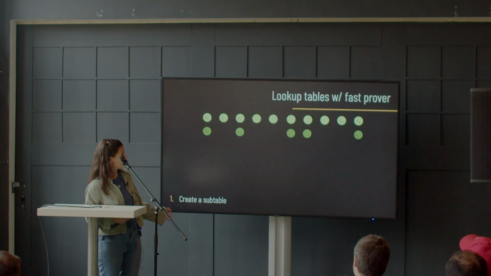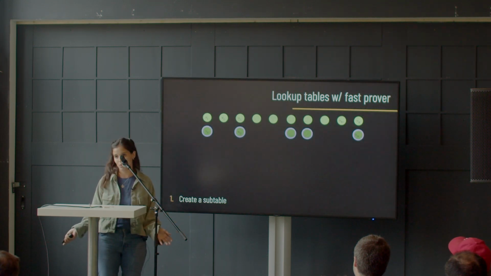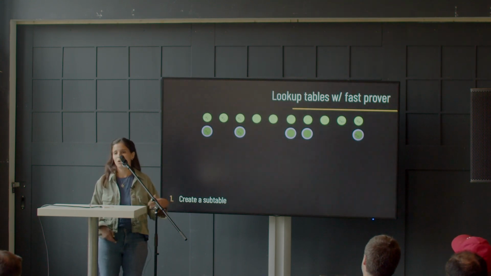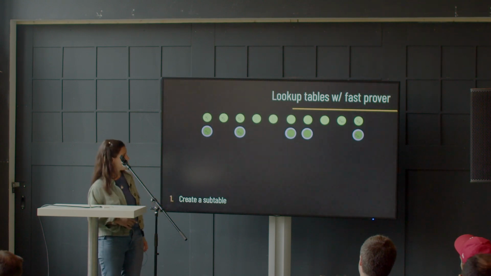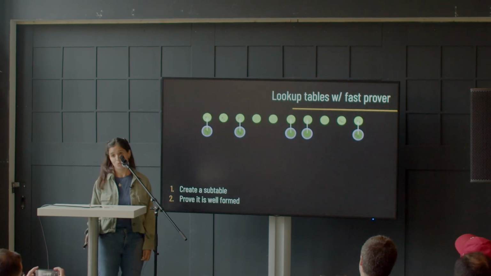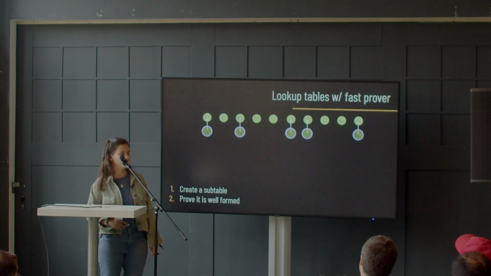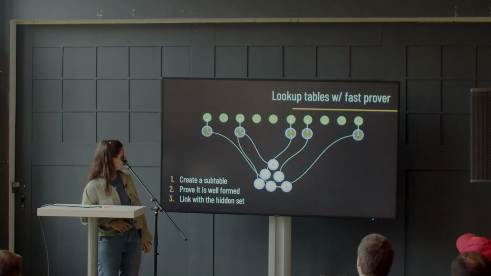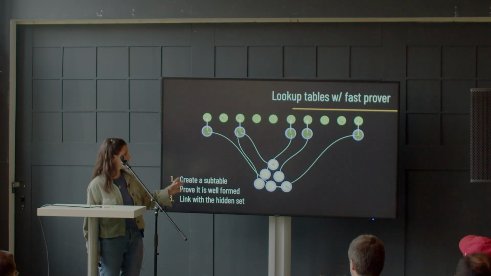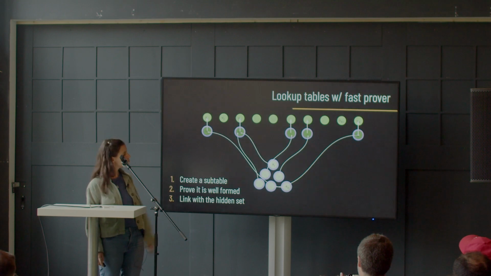And of course, this subtable will need to be hidden as well, because we don't want to leak information about the positions or the values that we are isolating. Then we have to prove that this subtable is well-formed, that it is indeed a subtable of the big set. And then we can link it to our hidden set, which I would say has size m.